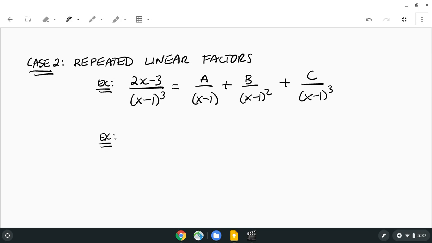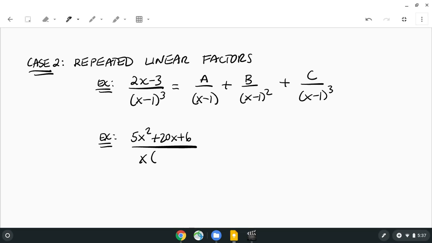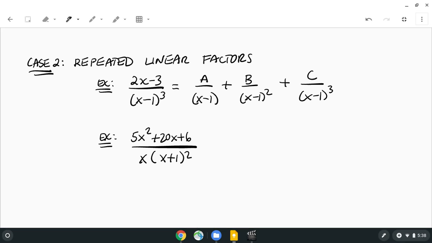Another example, suppose that you have 5x squared plus 20x plus 6 all over x times x plus 1 squared. So we have 2 factors here. One does not repeat and the other one does repeat.